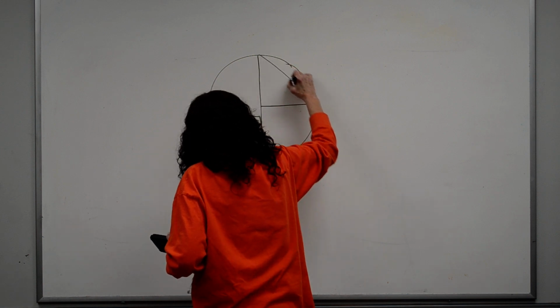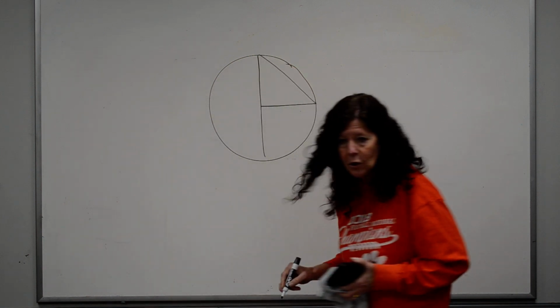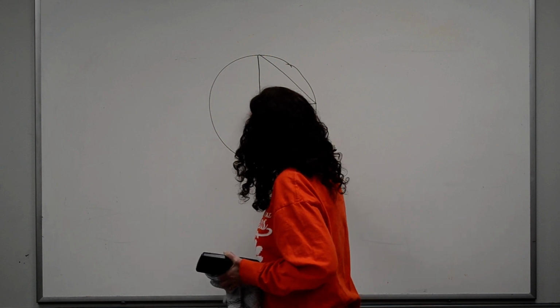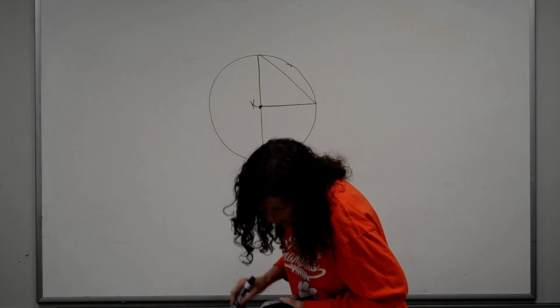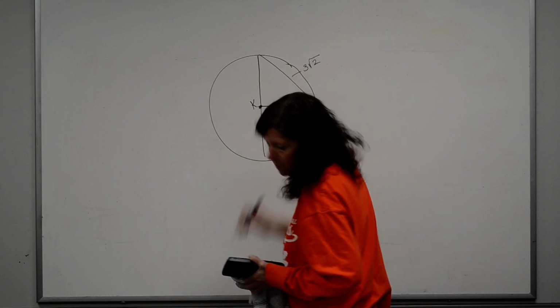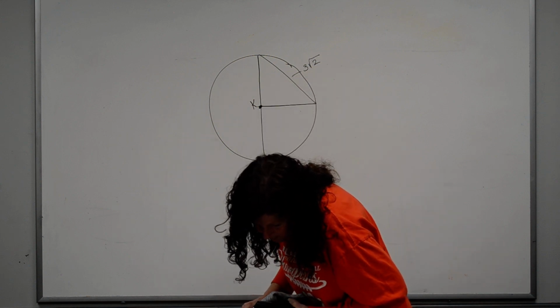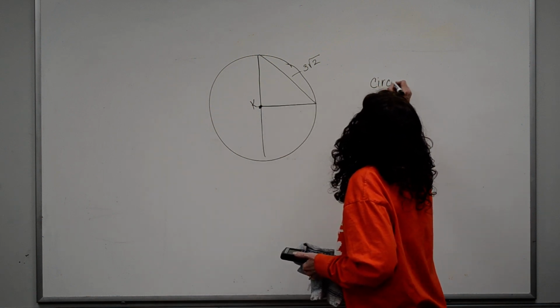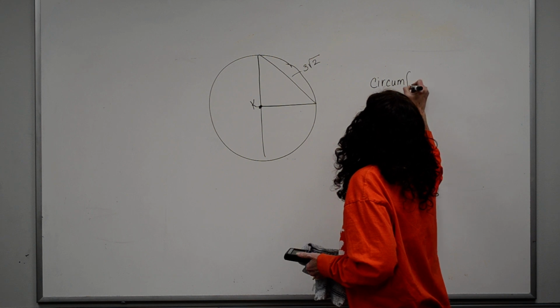Crazy circle. Okay, so I have a circle with a triangle there. The circle is circle K. And this right here is 3 on the square root of 2. And I want to know the circumference of this circle.